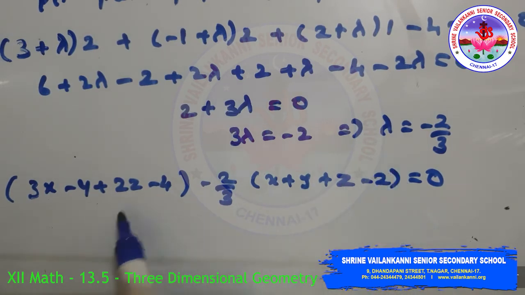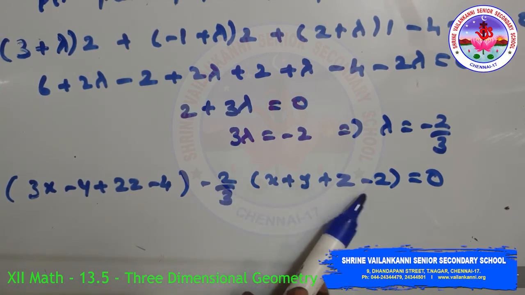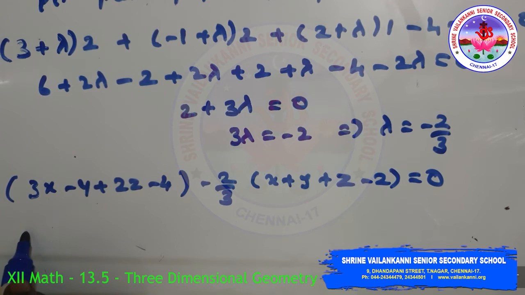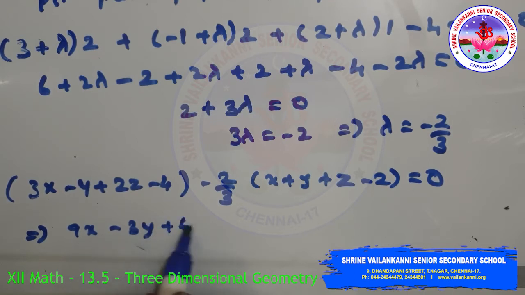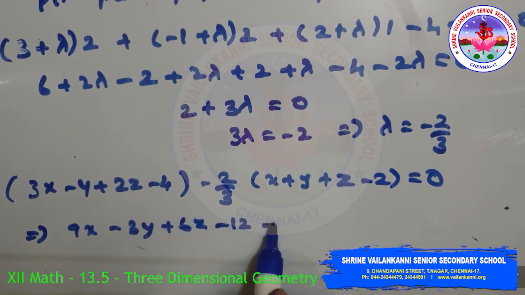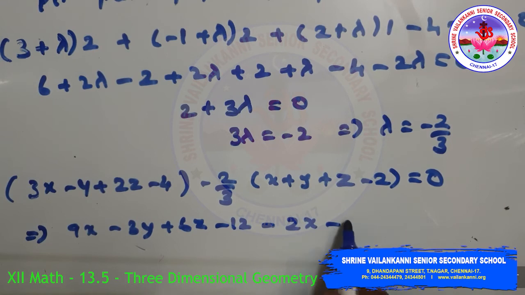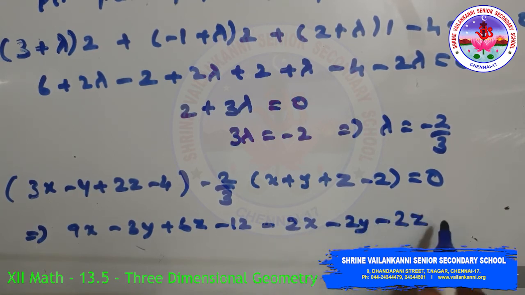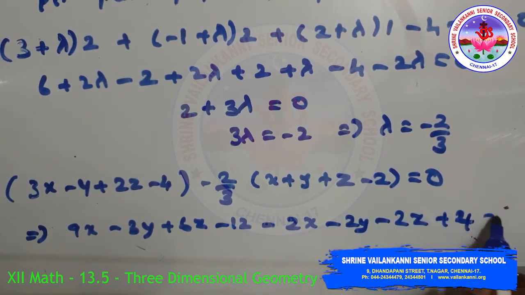Substituting the value of lambda in the equation of the plane, we get 3x minus y plus 2z minus 4 minus 2 by 3 of (x plus y plus z minus 2), which is equal to 0. So we get, multiplying by 3, 9x minus 3y plus 6z minus 12 minus 2x minus 2y minus 2z plus 4, which is equal to 0.